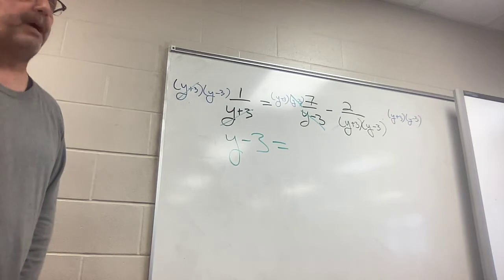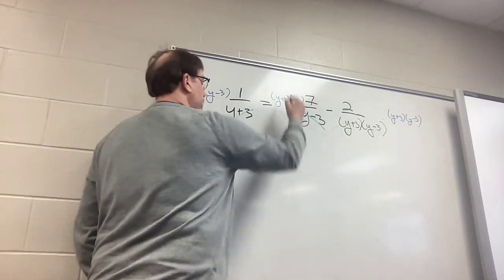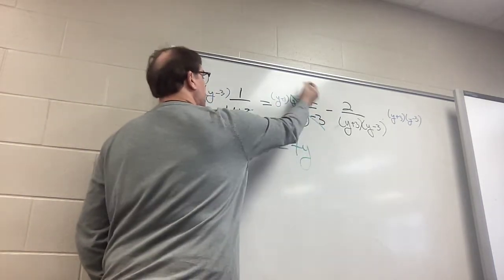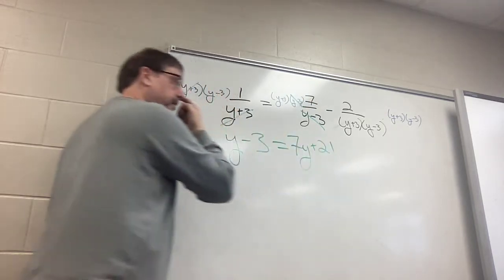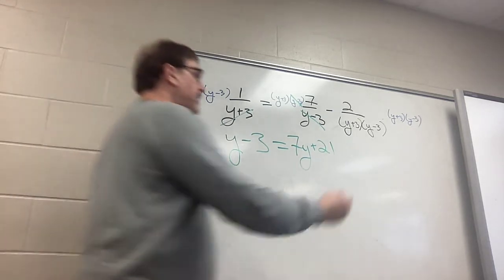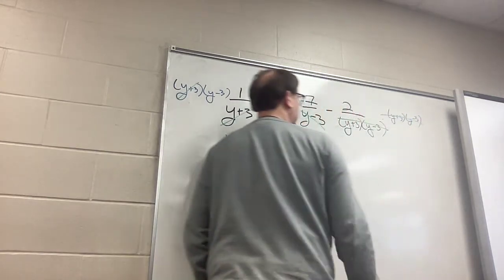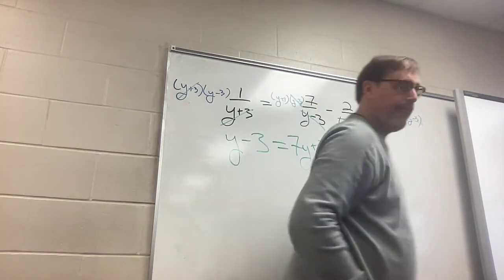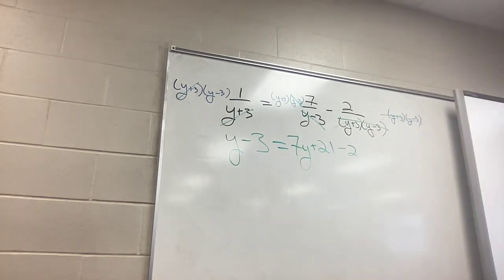We've got the distributive property, 7 times y, 7 times 3. And this part's the most awesome. They both cross out. And what you got there is no fractions. And I doubt anyone in this class is now stressed out.